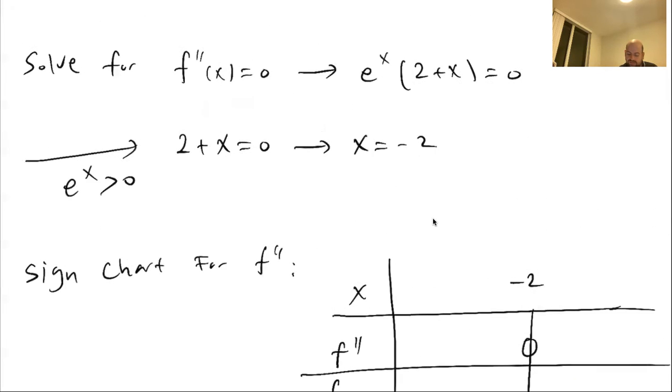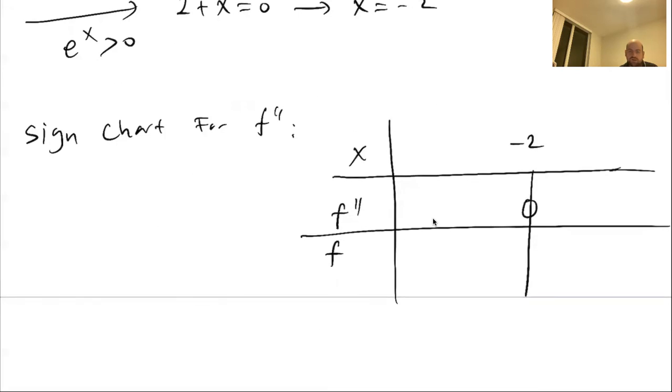So again, you can easily see that before minus 2, you could use, for example, minus 3 as a test point, and you can easily verify that f double prime is negative there, and then positive here. f double prime negative means f itself is concave downward, and f double prime positive means f itself is concave upward.